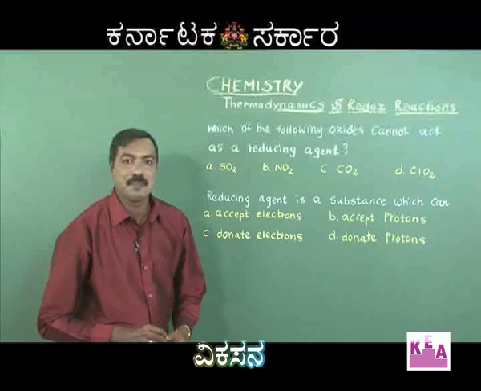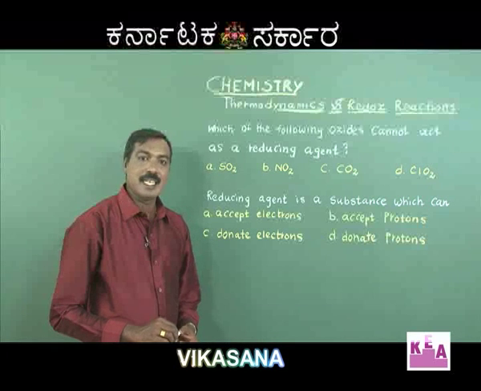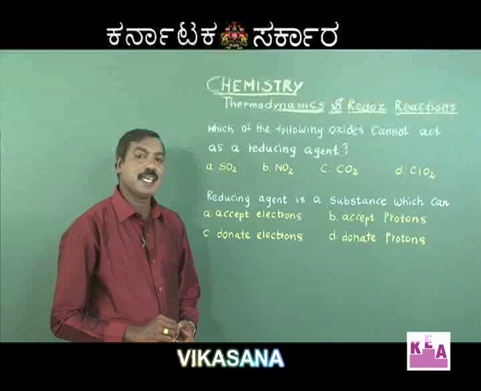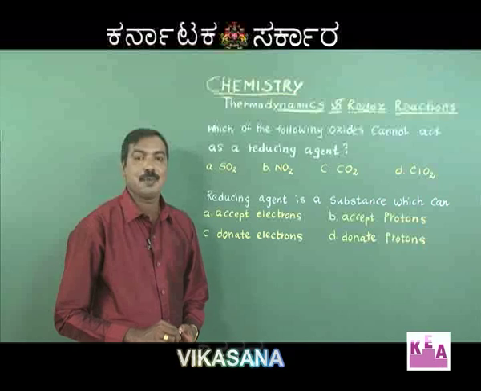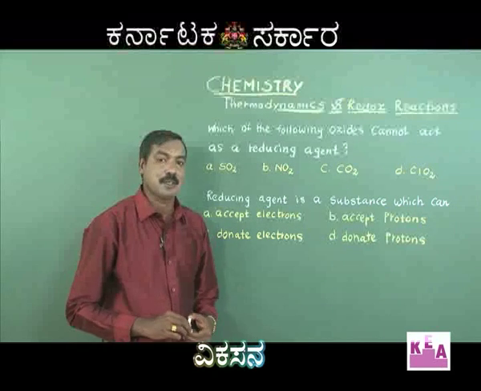Our next question: which of the following oxides cannot act as a reducing agent? A clue to solve this question would be, the first non-metal that you have, try to calculate the oxidation state of it. After calculating, find if it attained its maximum state. That will help you in predicting whether it can act as a reducing agent or not.